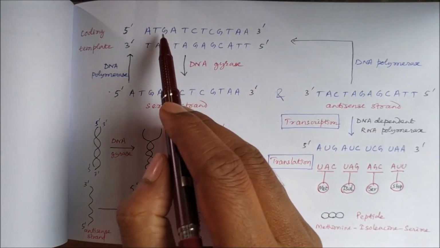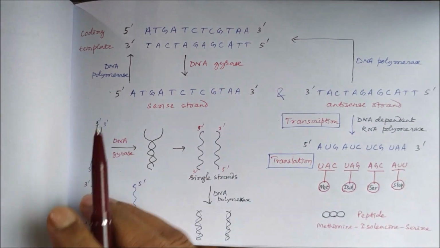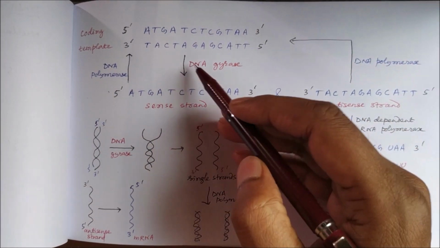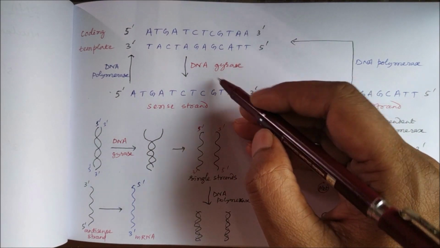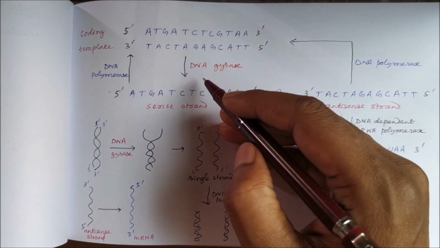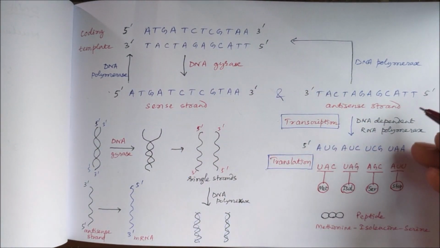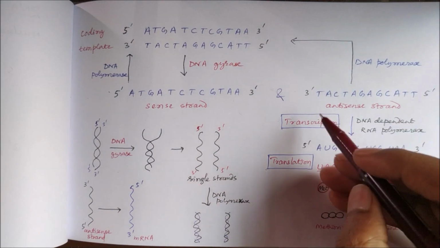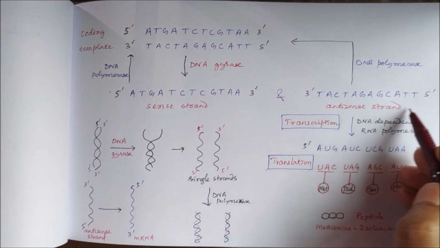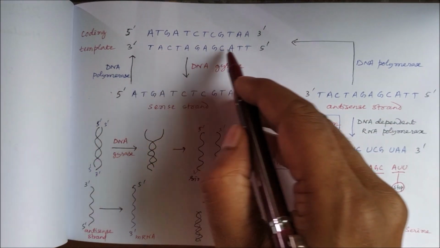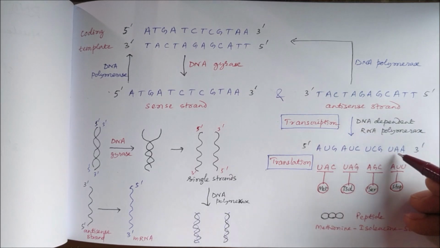And there can be negative supercoiling of this DNA by the enzyme DNA gyrase, and we can get the two strands. Out of these two strands, the strand with 3' to 5' direction is called the antisense strand, and this acts as the template for RNA synthesis.